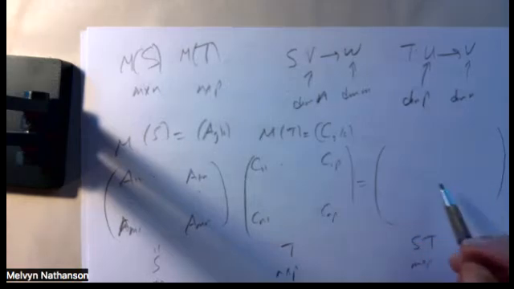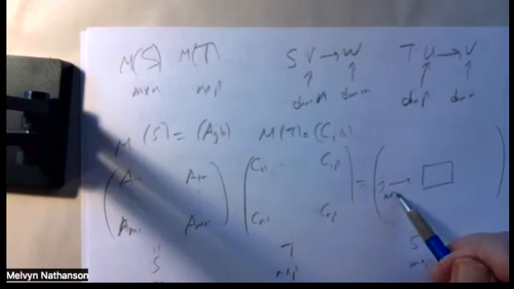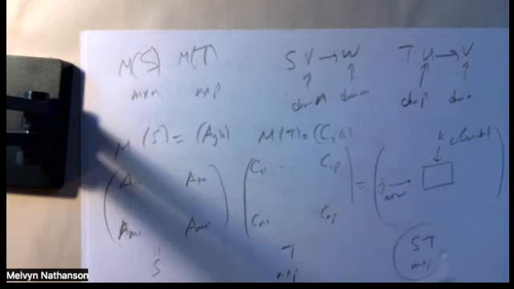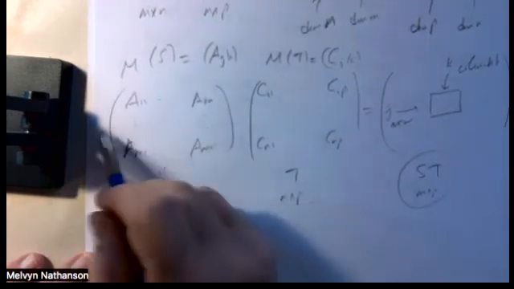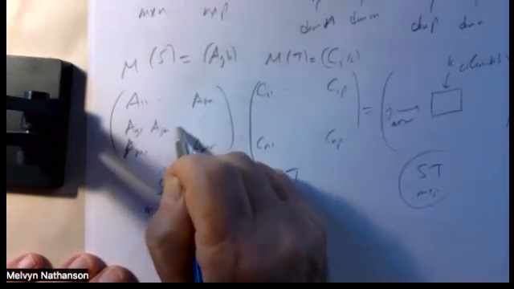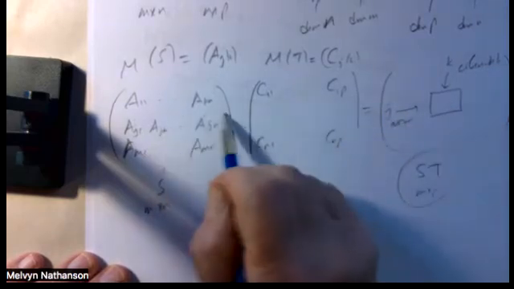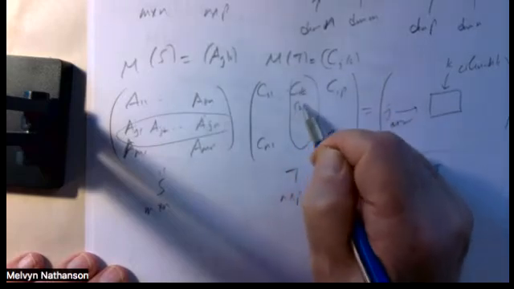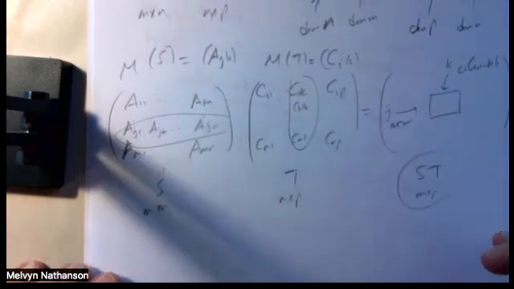So the rule is, how do I get the element in row J, column K of this product matrix? The answer is, I take the jth row of the matrix A, which goes AJ1, AJ2, up to AJN. And I take the kth column of the matrix C, C1K, C2K, down to CNK, and I multiply the row into the column.